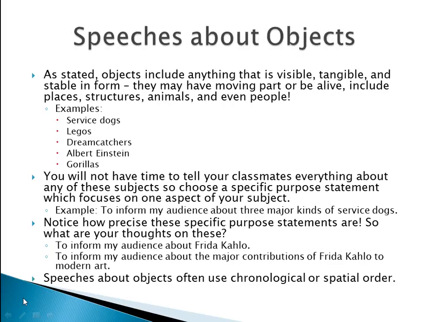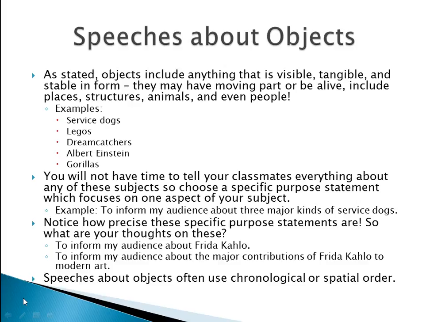Speeches about objects are, like I said, one type of informative speech. Objects are going to include anything that's visible, tangible, and stable in form. So they might have moving parts or be alive. They could include places, structures, animals, and even people for that matter.